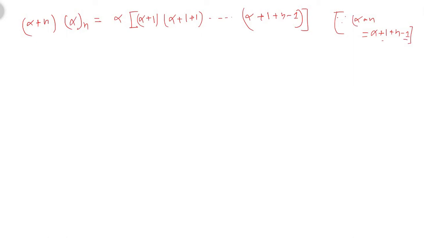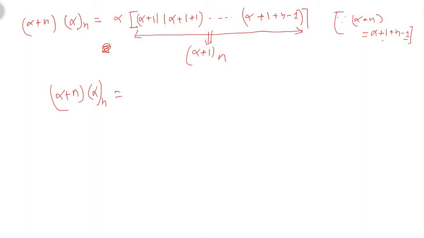Then by definition, this term would be equal to alpha plus 1 n, so alpha plus n alpha n is equal to alpha into alpha plus 1 n is equal to alpha n plus 1.